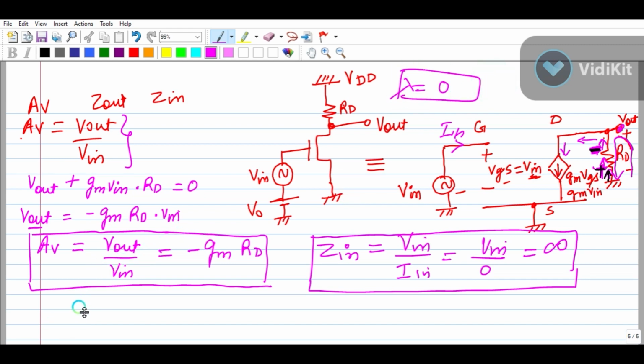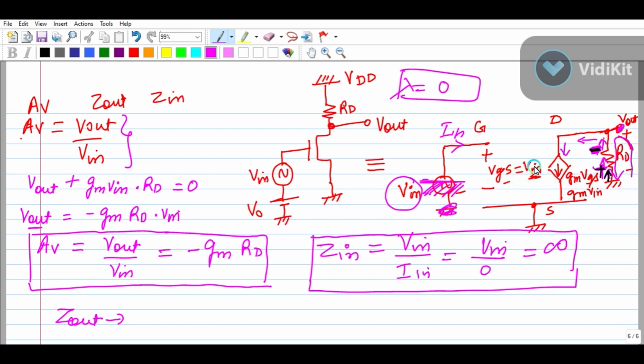Okay. Now we have to calculate Z out. Whenever you want to calculate Z out, you have to make some changes in this configuration. You have to keep V in 0. Okay. You have to ground it, you have to short it like this. This is ground now.